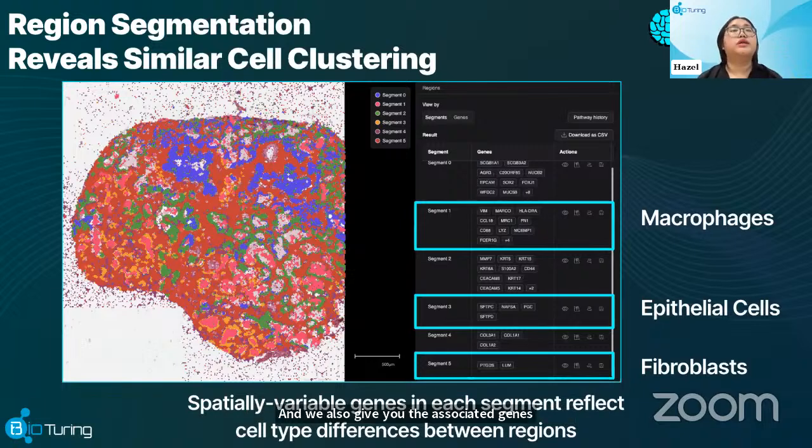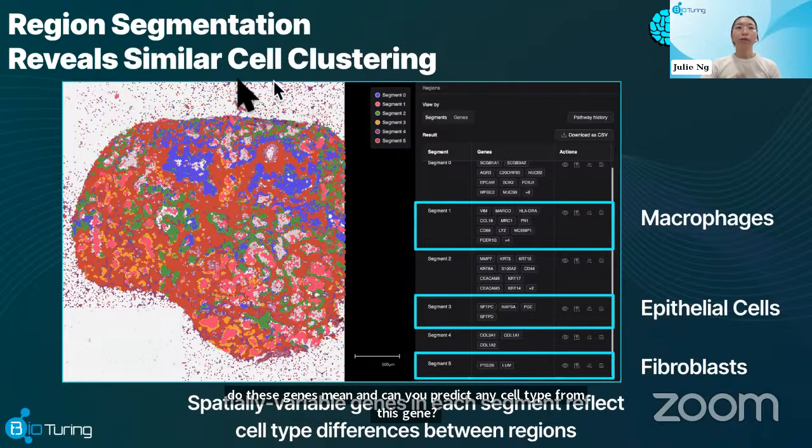Okay. So Julie, can you please explain to all of us what these genes mean, and can you predict any cell type from these genes? Yes, so this is the output of the region segmentation analysis. In each segment, I was able to identify some distinct cell types based on the spatially variable genes that were expressed in each segment.